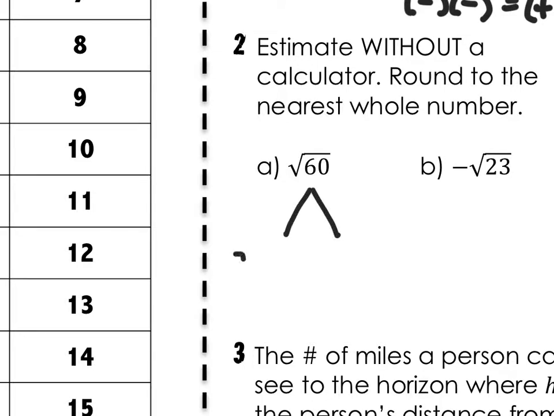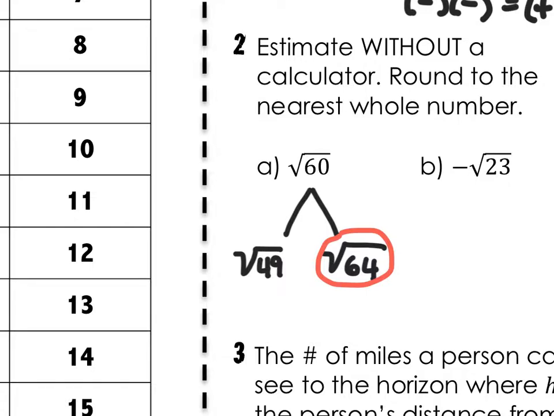And then you're going to write the two radicals that it falls in between. So like I said, it was radical 49 and 64. And then ignore the radical signs and just look at the numbers itself, 60, 64, and 49. Well, 60 is closer to 64 on the number line. It's only 4 units away, versus to 49, it's 11 units away. So we circle this one here, because it's closer.